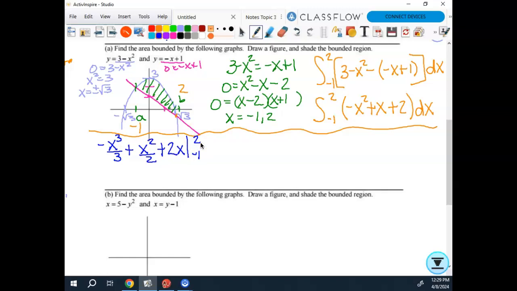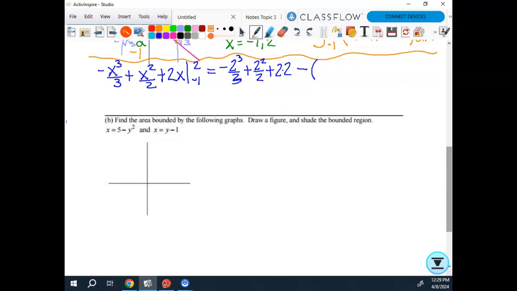Is that what y'all got? Yes? Okay. So now we evaluate it, right? Evaluate means we substitute stuff in. So I'm going to substitute in the 2, and this is going to give me negative 2 cubed over 3 plus 2 squared over 2, thank you, plus 2 times 2, minus, and then open my parentheses because I'm going to subtract more than one term, right?